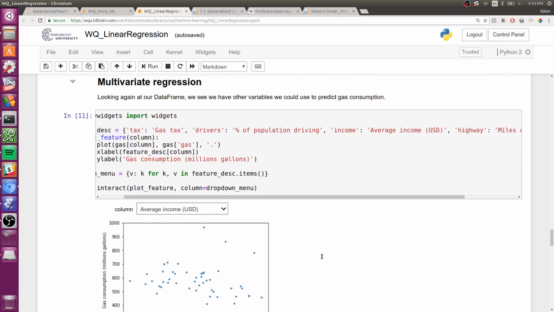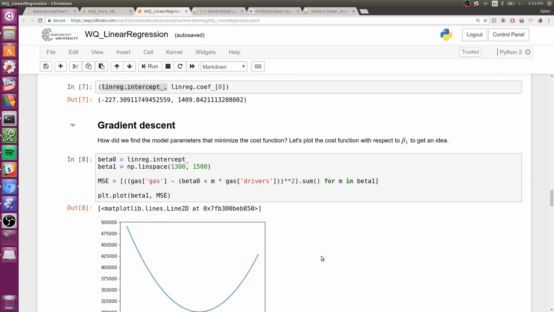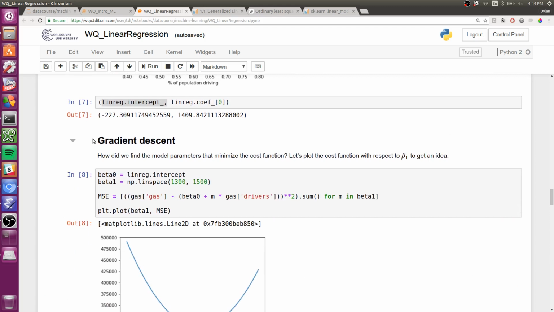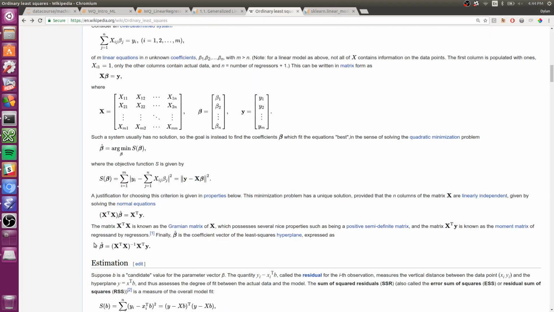Which is one of the cases I mentioned earlier for gradient descent: even when the analytic solution is known, it may not be practical to calculate, because sometimes it's not easy to invert this product of the feature matrix with its transpose.